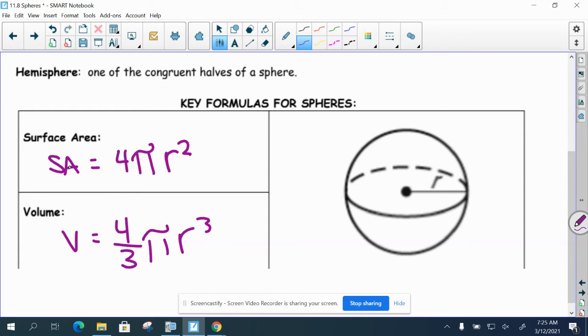To get from a second dimension to a third dimension, you would do what we call integrate, and that means that you raise the power of the exponent by 1, and you divide by whatever that new power is. I'm not expecting you to understand calculus right now, but that's a way you can relate in your head the difference between them and which one gets the 4/3 and which one gets the 4. So surface area gets the 4, volume gets the 4/3 because it's r to the third power.